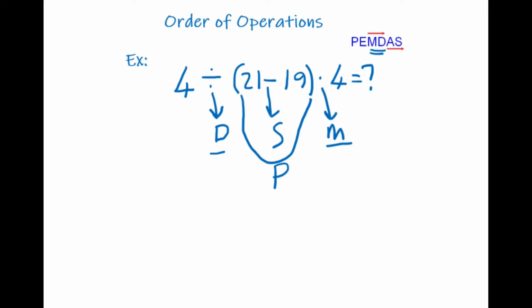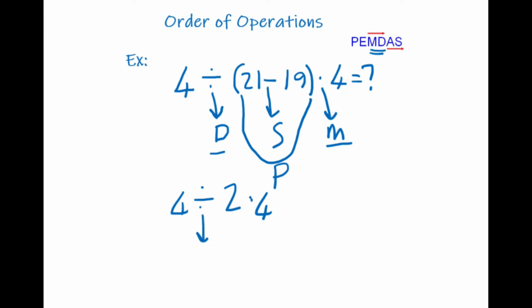We need to do this parentheses first, and then once you do it, we're gonna do the subtraction. So subtraction comes before division actually. Why? Because it is inside a parenthesis. That's the reason. So I'm gonna do the parentheses first and then write the rest of the calculations. So it's gonna be 4 divided by, we subtract 19 from 21, we're gonna have 2, times 4.